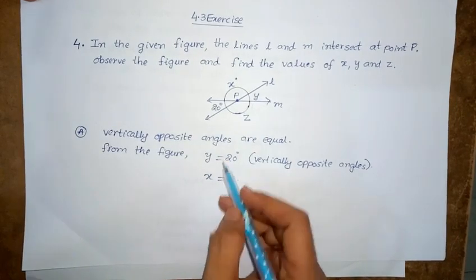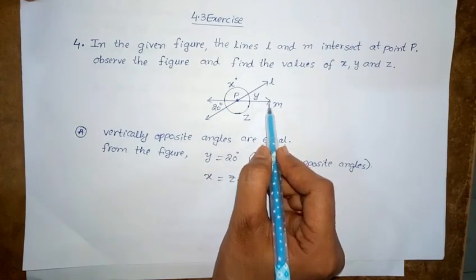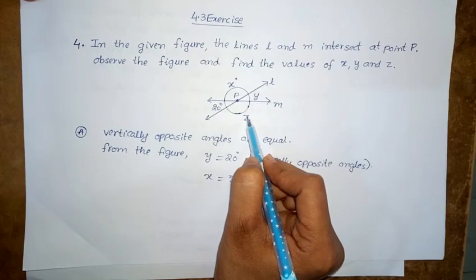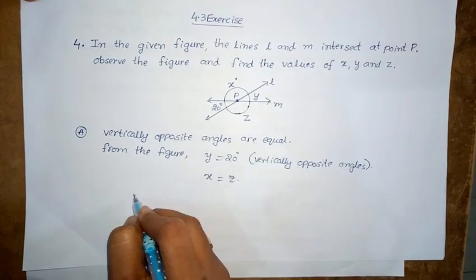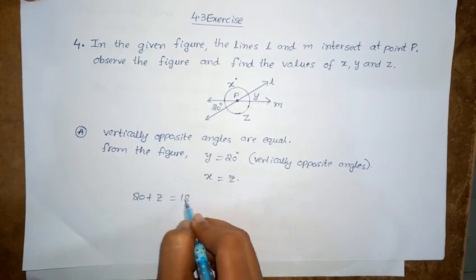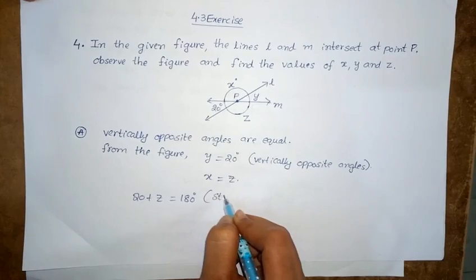Now observe the figure. The line M is a straight line. The 20 degrees and the angle Z form a straight angle. So 20 degrees plus Z is equal to 180 degrees, because it is a straight angle.